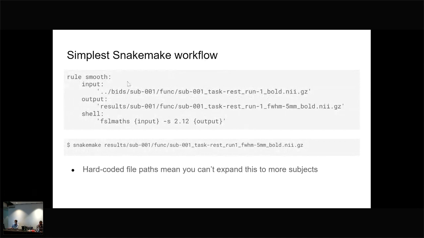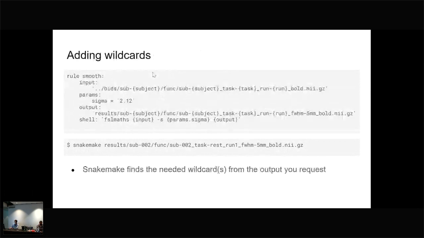So what we can do next is add wildcards in the input and output path. Now instead of specifying in our input path subject 1 and task, I forget what the task was, rest I think, and run 1, we enclose wildcard names in braces. So we've got subject, task, and run as wildcards in this rule now.